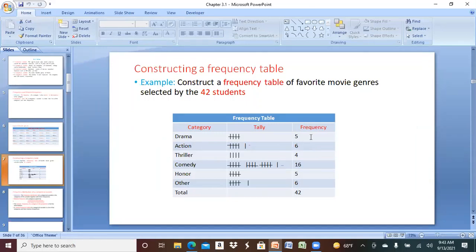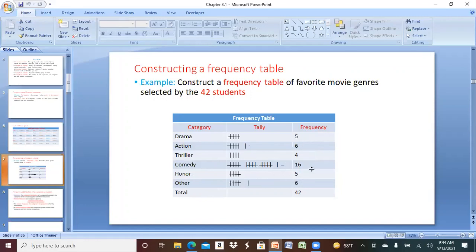Thriller 4, so the frequency is 4. Comedy is 16 students' favorite, so the frequency of comedy is 16. Horror is 5 students' favorite, so the frequency is 5. Other movie is 6 students, so the frequency is 6.